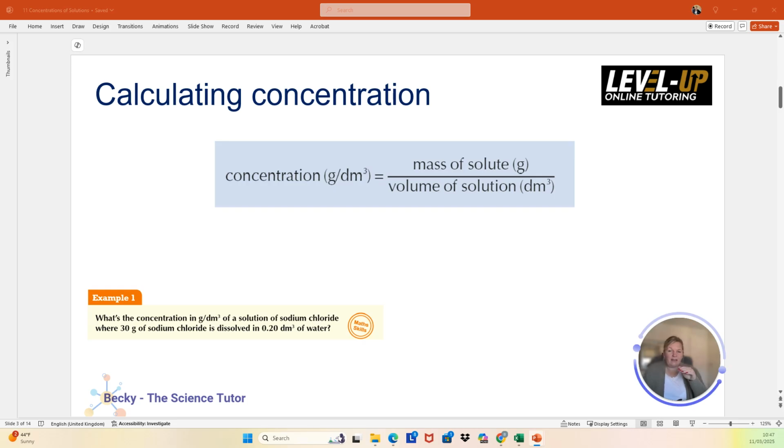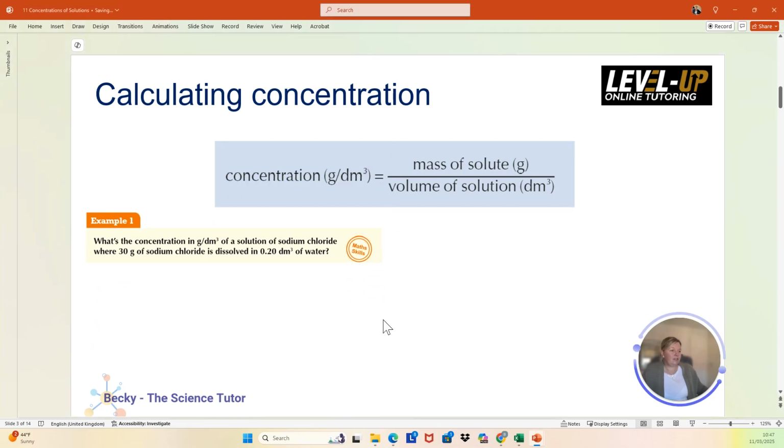So if we are asked to calculate the concentration in grams per decimeter cubed, we need to make sure that our mass of solute is in grams, and that the volume of our solution is in decimeters cubed, so that our answer comes out in grams per decimeter cubed.